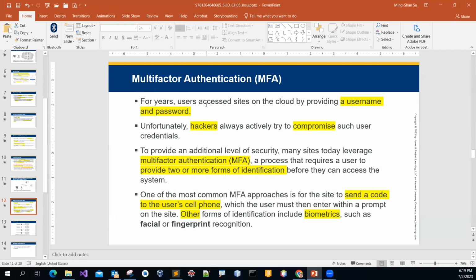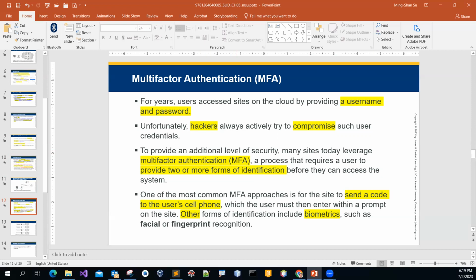So for years, users access sites on the cloud by providing a username and password. Unfortunately, hackers always actively try to compromise such user credentials.